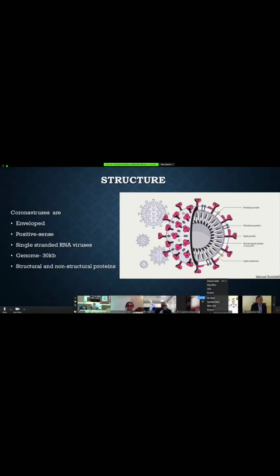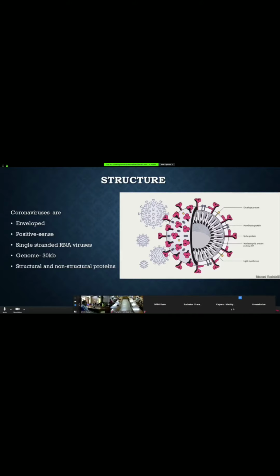Now, the RNA, for the microbiology students out there, the RNA virus is a positive sense virus, which means that the code that is present can be directly translated to proteins as soon as it enters into the cell.